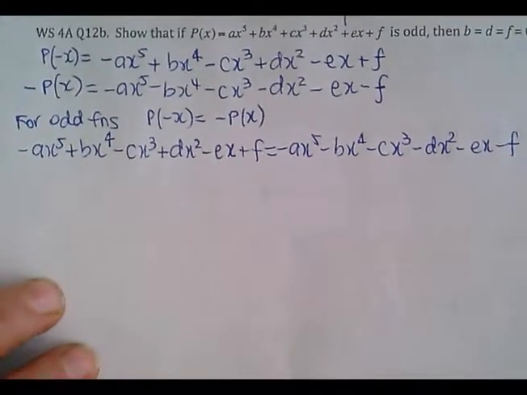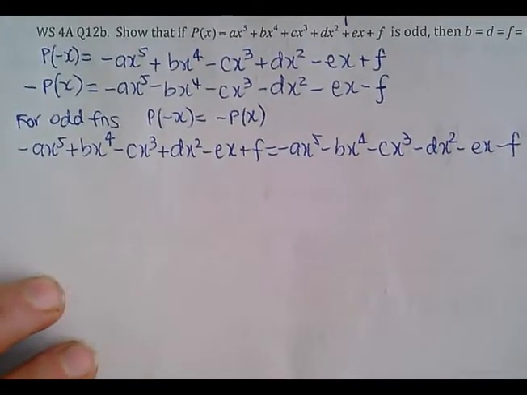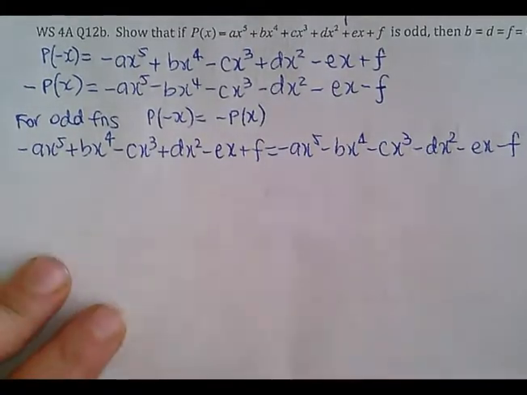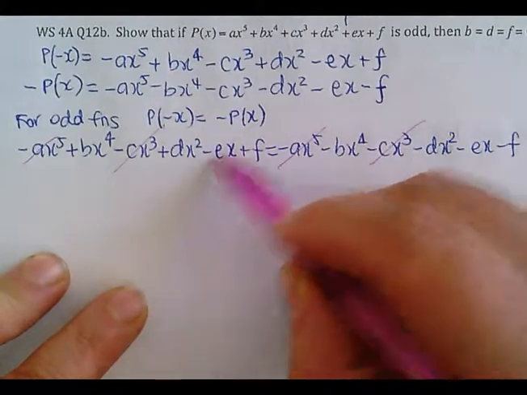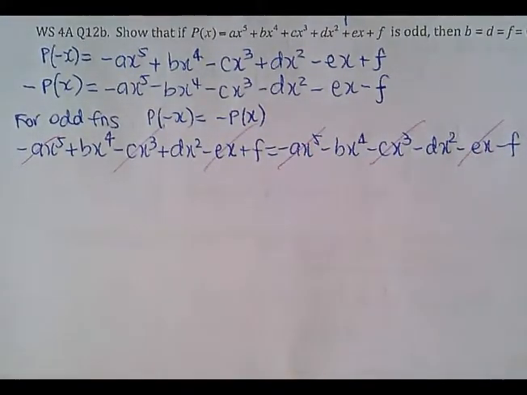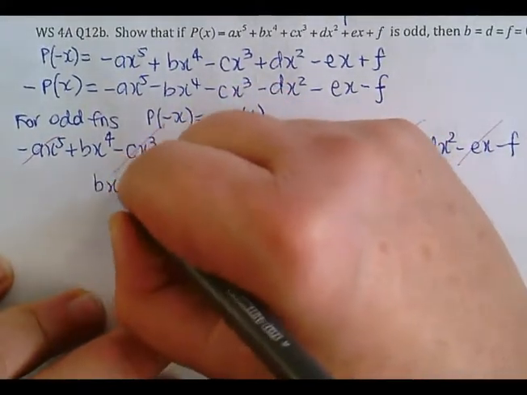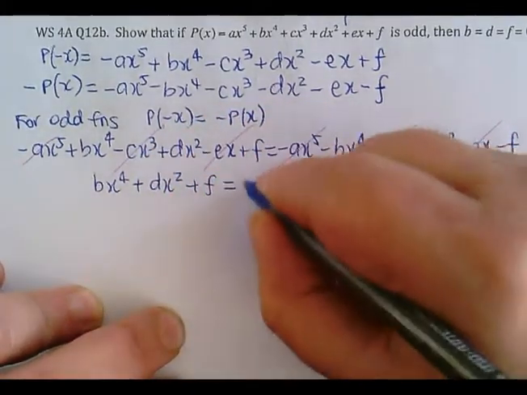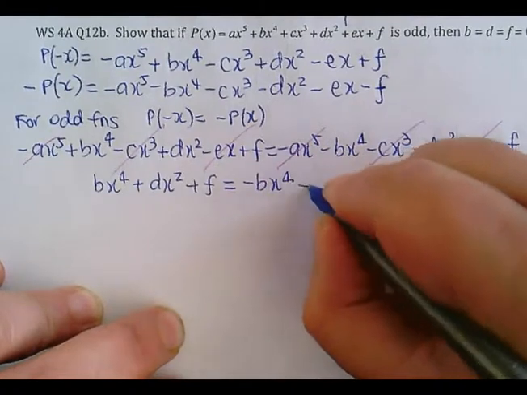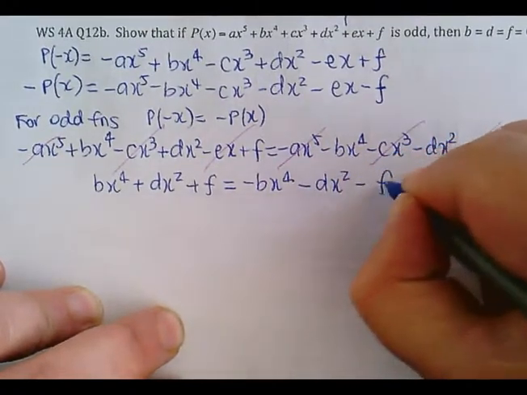Now, we're not going to take everything to the left because that doesn't work. If I did, the ones that are the same cancel. Agree? Leaving us with bx to the 4 plus dx squared plus f equals minus bx to the 4 minus dx squared minus f.